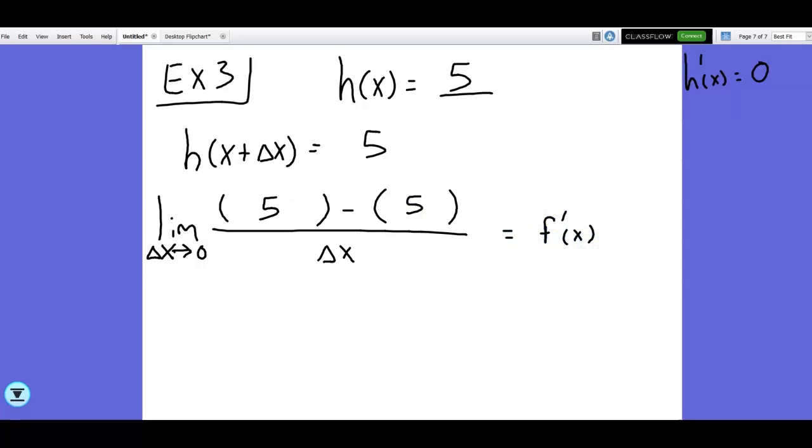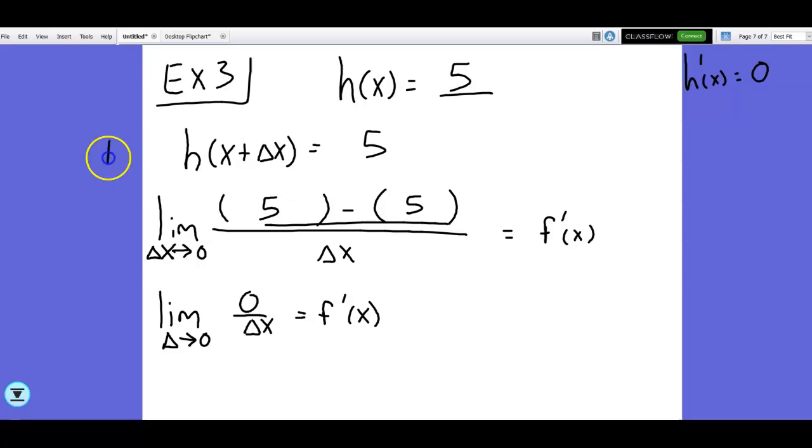Now, there's my plug-in. Now let's simplify this a little bit. If I simplify this, 5 minus 5 is 0, right? So this was step 1, step 2, step 3. Now let's do step 4.